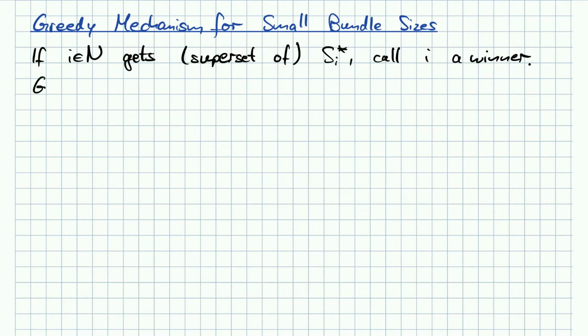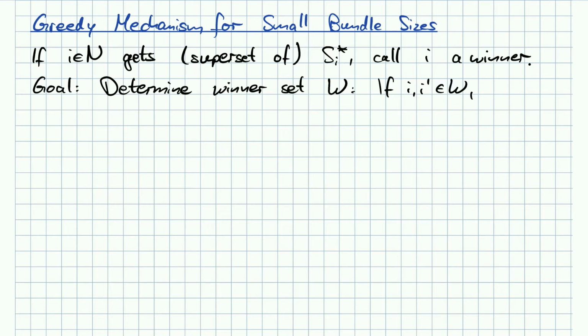So our goal is nothing but to determine a winner set W where we still have the property that if i and i prime are in W and distinct, then their desired sets have to be disjoint.